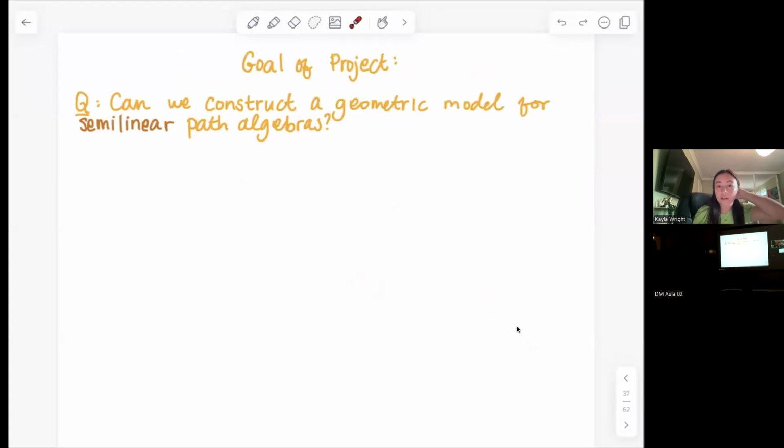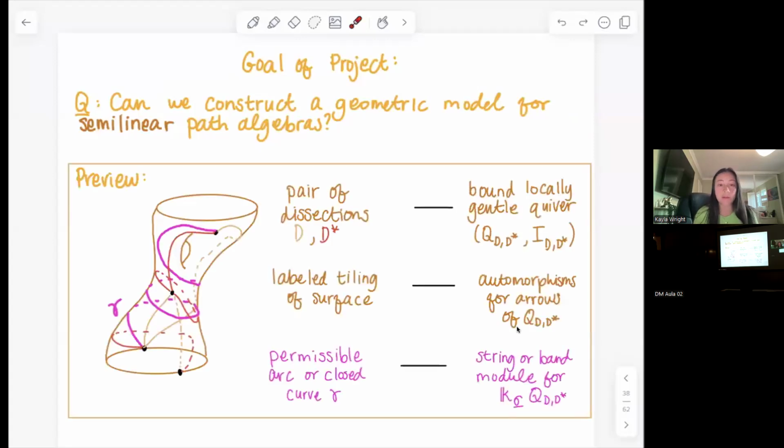Okay, so the goal of the project is to try to construct a geometric model for semilinear path algebras. It's going to look very similar to the preview that I had a few slides ago. We want to look at something that we're going to call a bound locally gentle quiver. This is going to be visualized by a pair of almost triangulations, which we're going to call dissections.